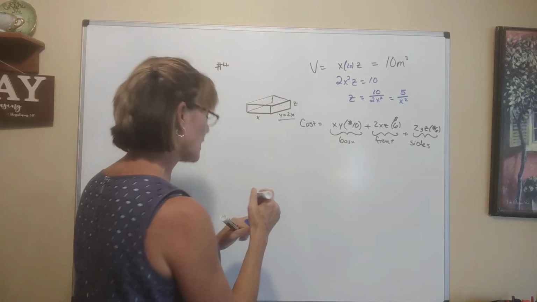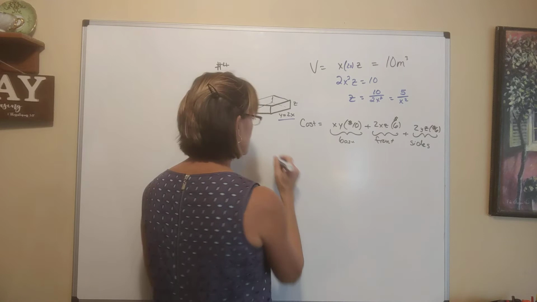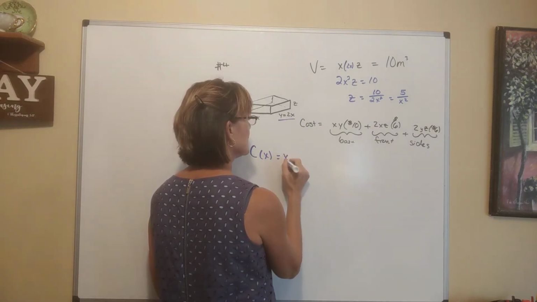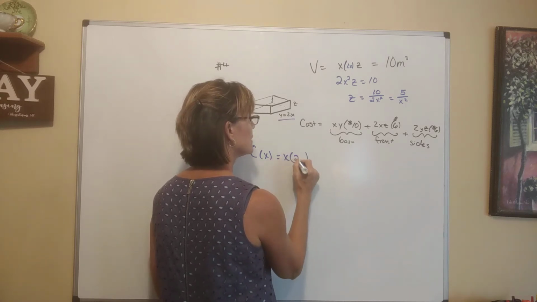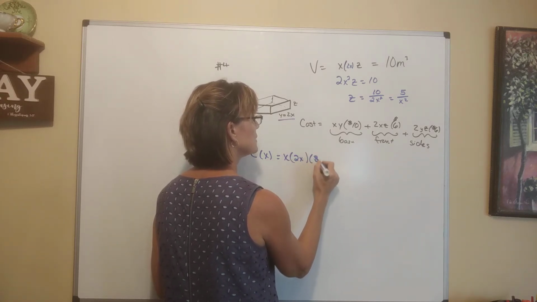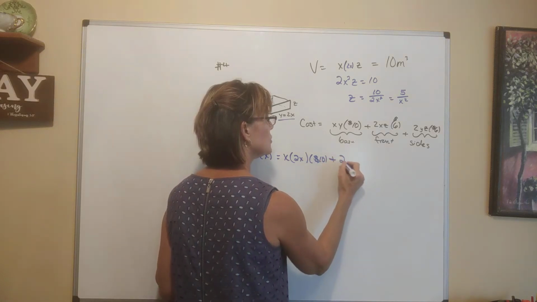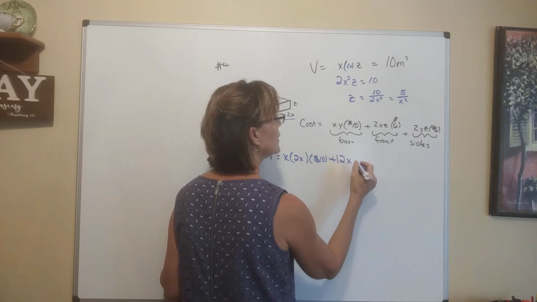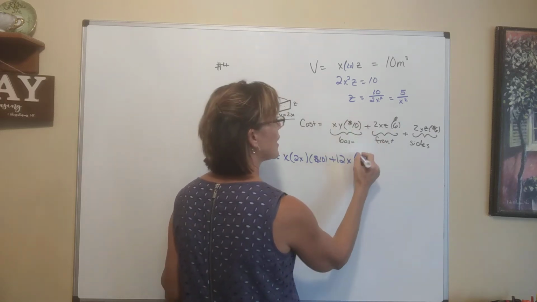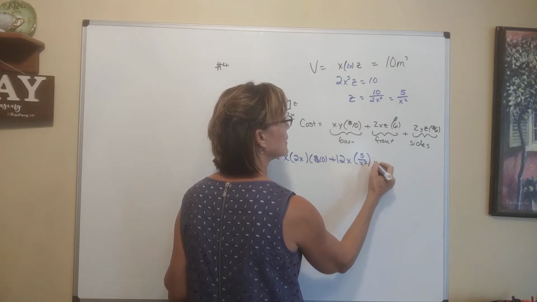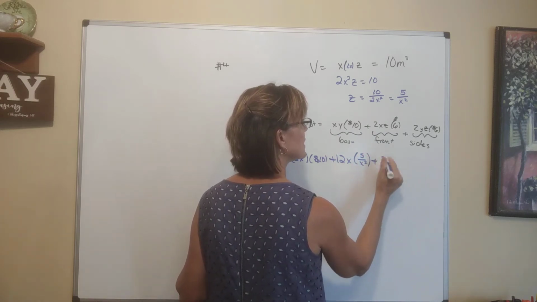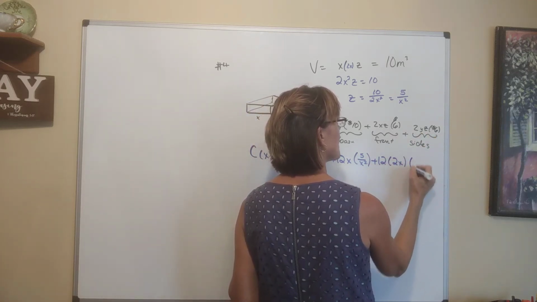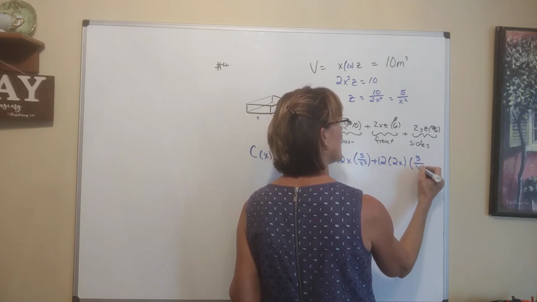All right, so right here, my cost equation, I want to write it all in terms of X. So the cost in terms of X is going to be X times Y, which is 2X, times $10, plus 2 times X, times 6, so let's go ahead and make that 12, times Z, which is 5 over X squared, plus 2 times 6, which is 12, times Y, which is 2X, times Z, which is 5 over X squared.